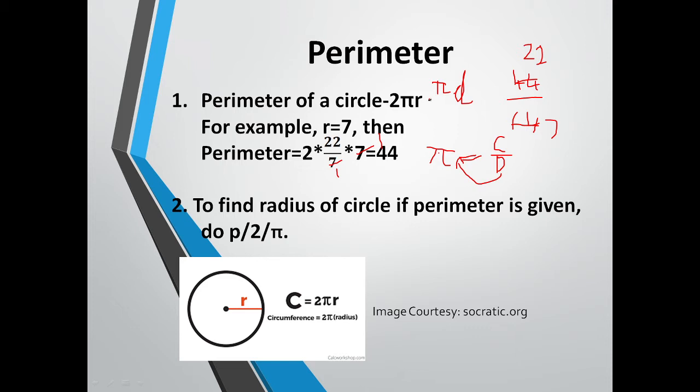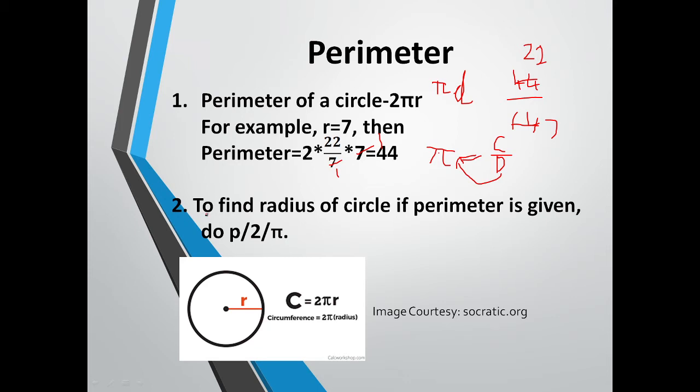It has been proven that the ratio of the circumference of the circle to the diameter is always 22 by 7. So no need to worry, the pi could be a variable or whatever, it is always a constant. It will always be 22 by 7.